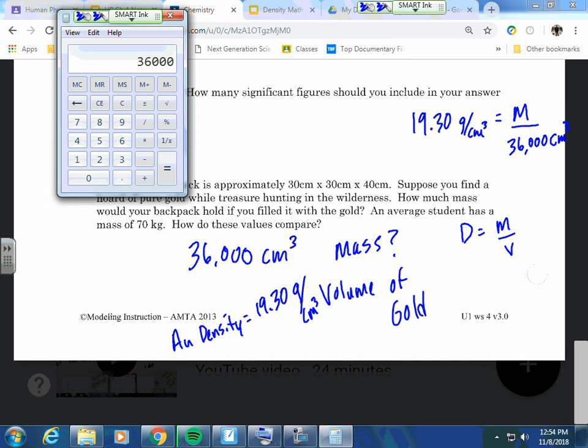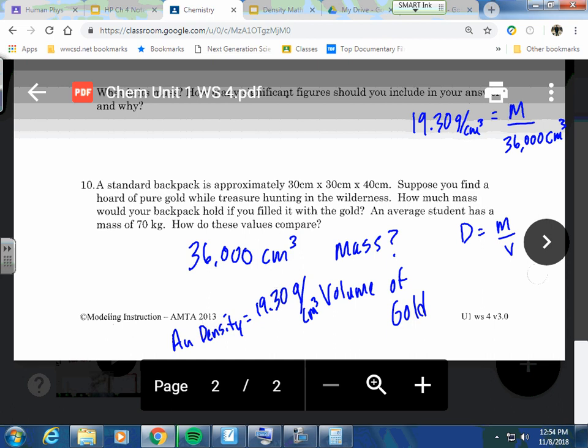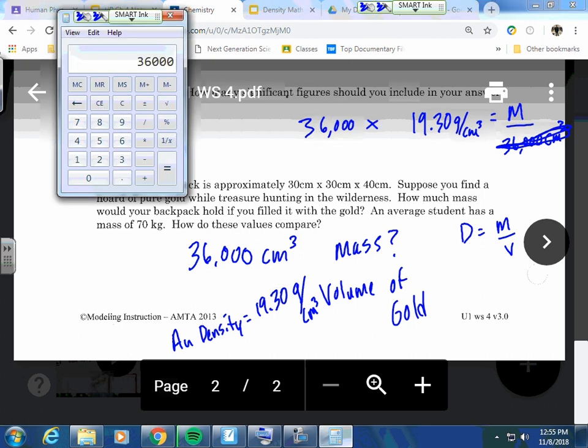So that means I could multiply both sides by 36,000, which would cancel this out, times 19.3.